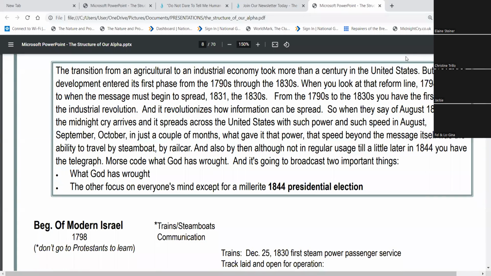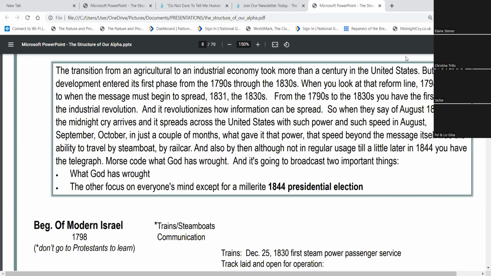You have the transition from an agricultural to an industrial economy that took more than a century in the United States. But that long development entered its first phase from the 1790s through the 1830s. When you look at that reform line, 1798, the 1790s, to when the message must begin to spread, 1831 and the 1830s, you have the first phase of the Industrial Revolution, and it revolutionizes how information can be spread.